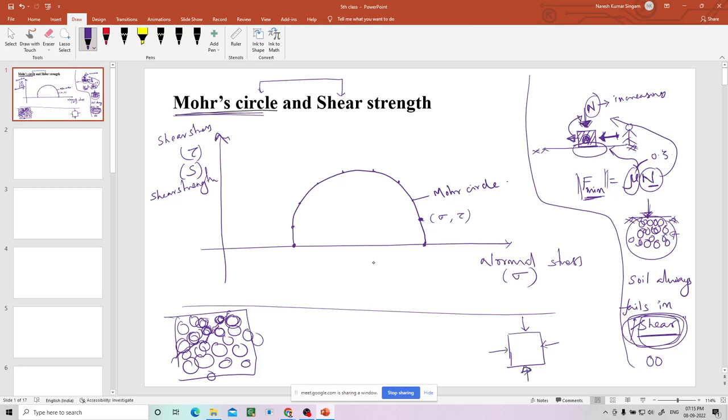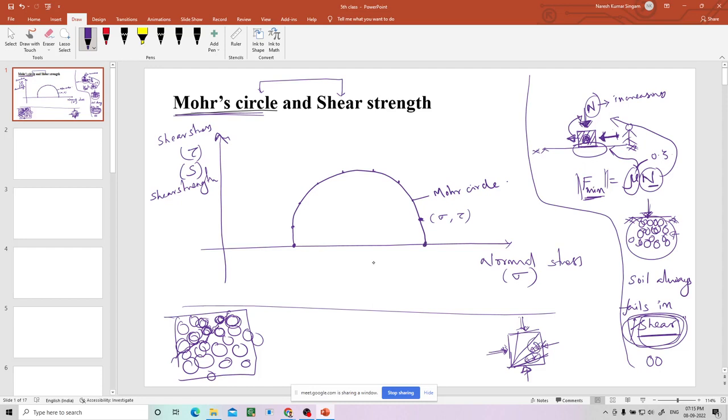Then what happens? This soil block has an infinite number of planes, right? Whenever you apply any kind of load, each plane is subjected to one normal load and one shear load. If you take all those points on different planes and draw them, you will get this Mohr circle.